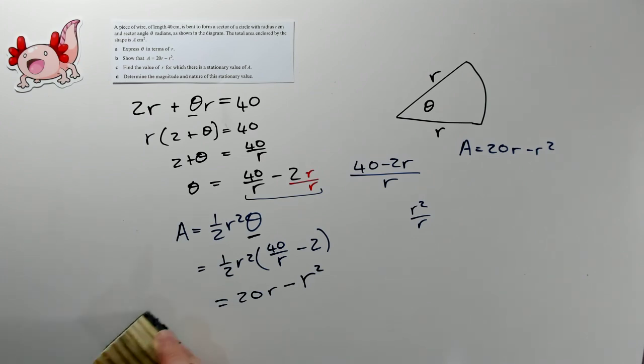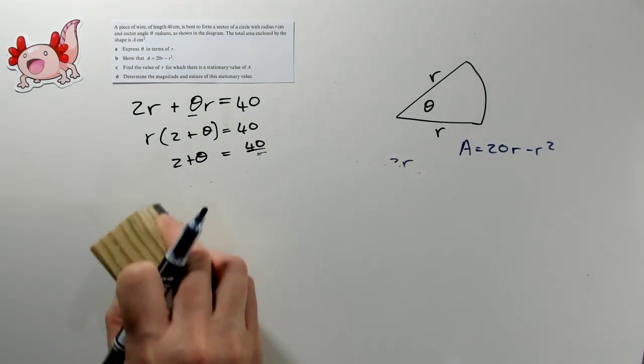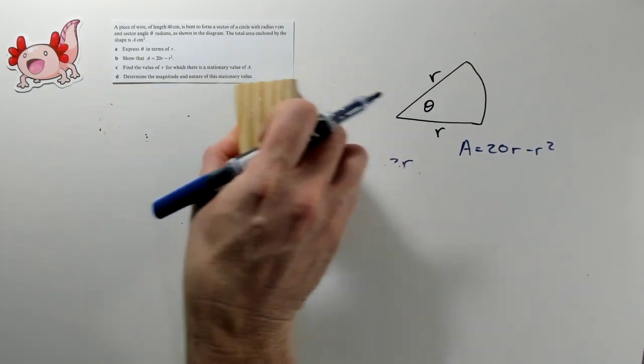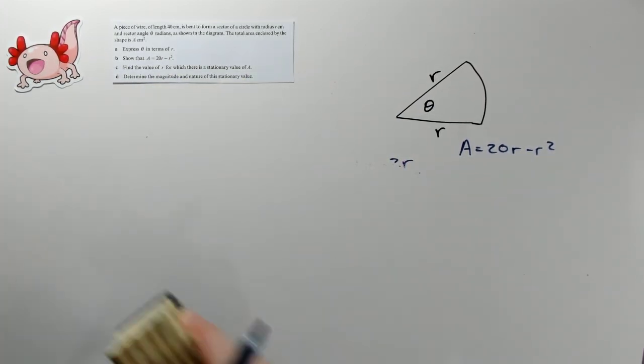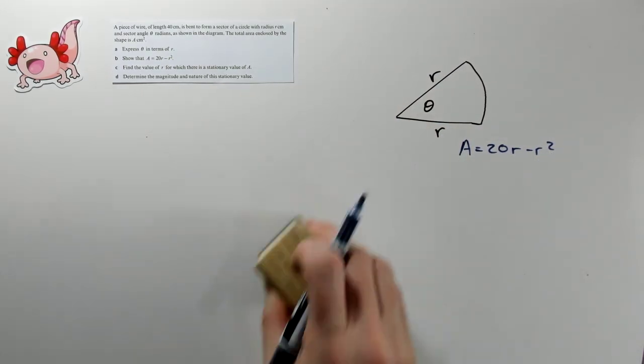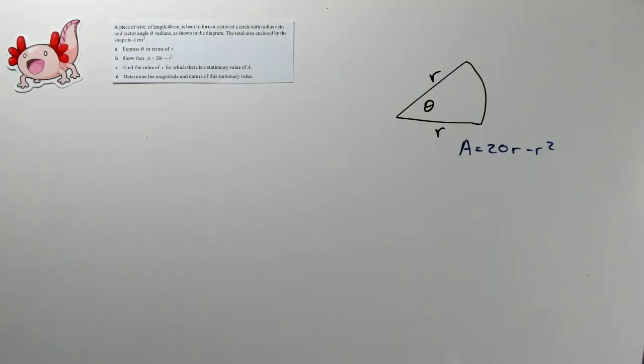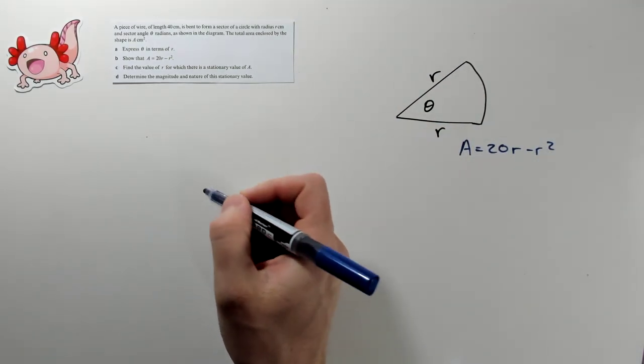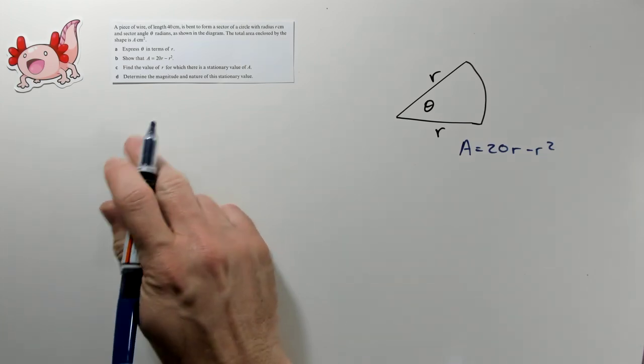Next part of our question, they're saying find the value of r for which there's a stationary value of A. When I hear stationary point, my first thought is I have to derive and make the derivative equal to 0.